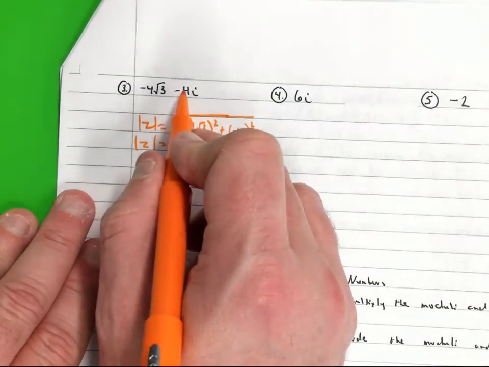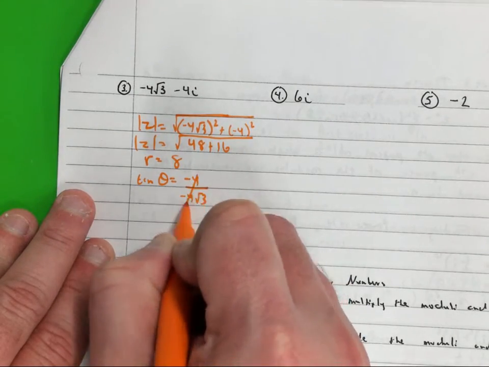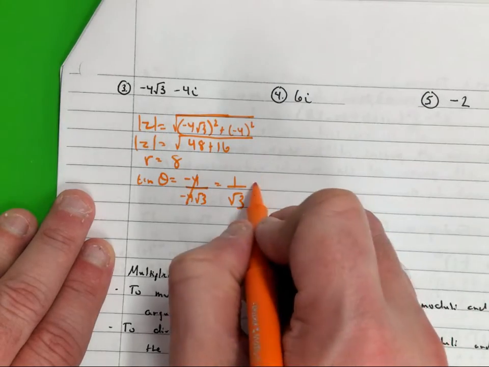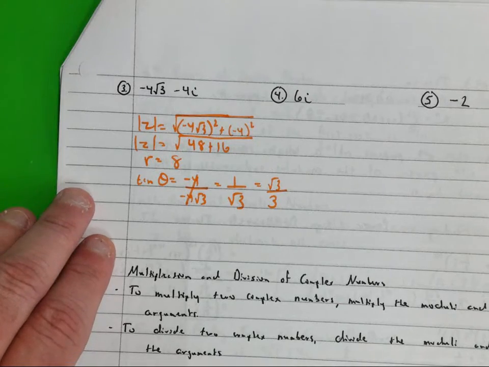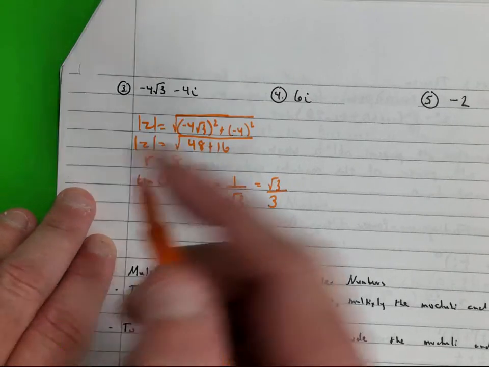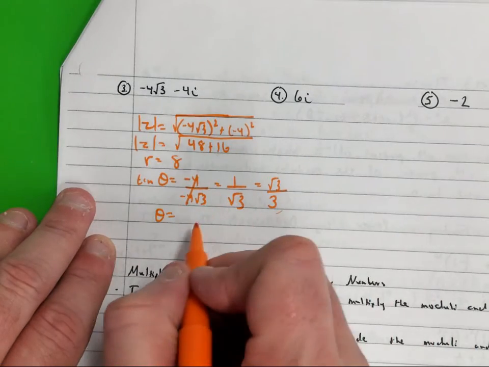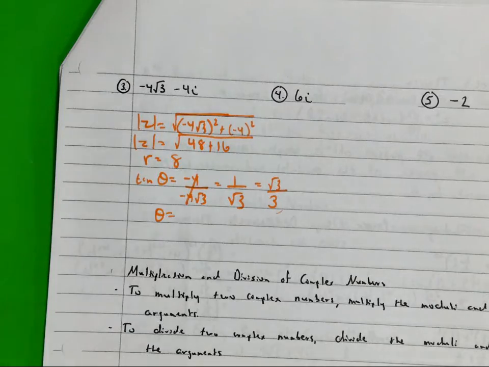Tangent of theta is b divided by a. Negative 4 divided by negative 4 square root of 3. These negative 4's cancel out. I get 1 over square root of 3, which in turn goes to square root of 3 over 3 once I rationalize. Which family gives you a tangent of square root of 3 over 3? And it's positive, so I want the one out of quadrant 1 and quadrant what?